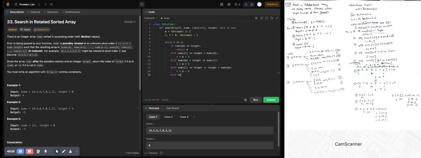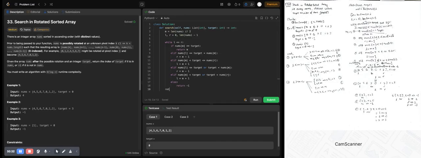And with nums of mid less than target, or target is less than nums of right, in this case the left will adjust to mid plus 1, else we return -1.